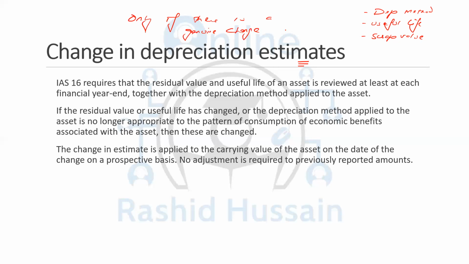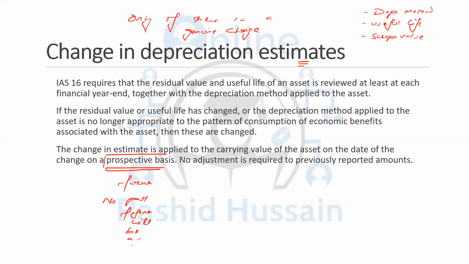It should not be done for manipulation purposes, because management may do that for manipulating the profits, manipulating the assets. If it is a genuine change in the depreciation method, useful life, or scrap value, you can change your accounting estimate. But the standard says that it should be done on a prospective basis. That means its impact is going to be in the future, and no past figures will be affected.